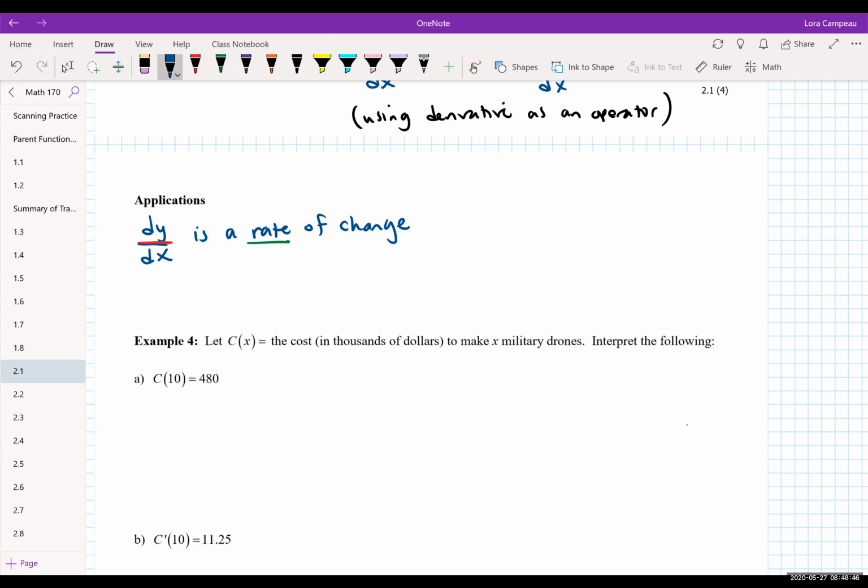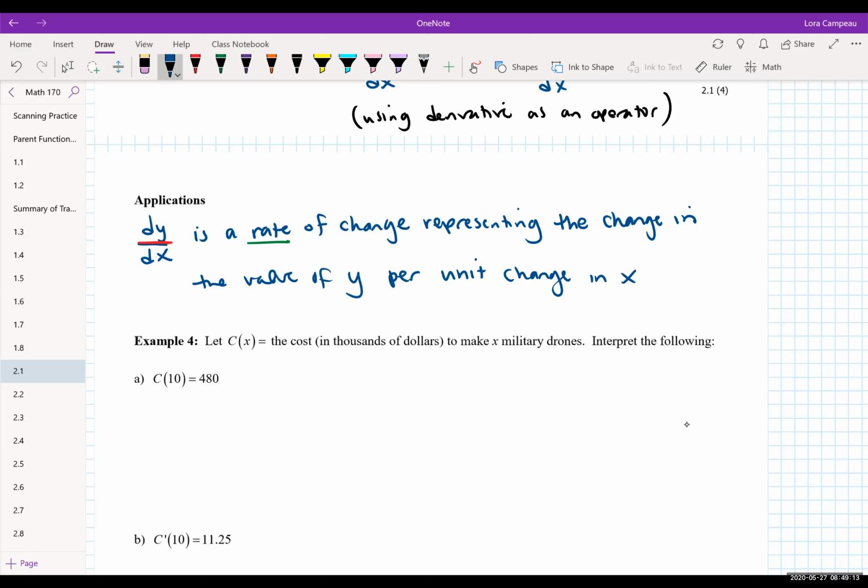And it's representing the change in the value of y per unit change in x. So that's where we're getting the fraction from, the word per, little fraction bar right there.